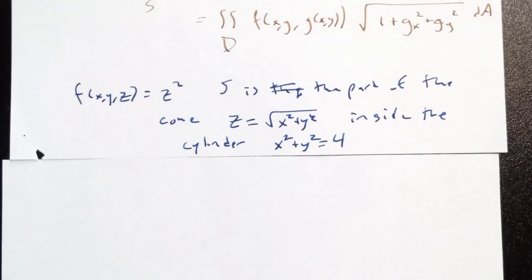Drawing a cone. z equals square root of x squared plus y squared. That's a cone sticking up, whose center point is at the origin. It goes up at an angle of 45 degrees.